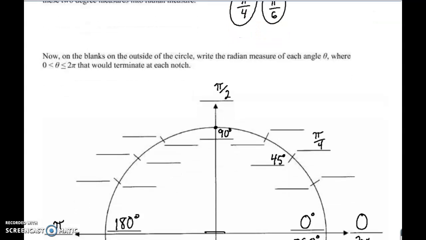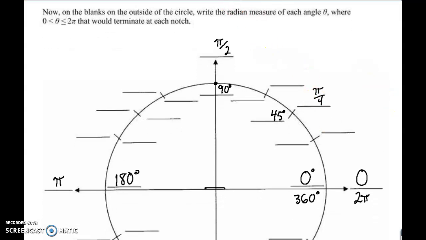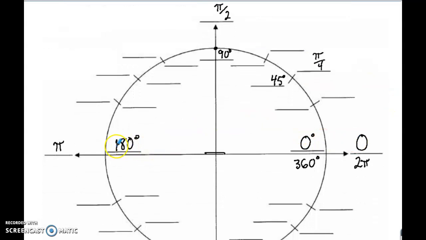So let me just get a highlighter out real quick, because if you break this into pieces of pi, so to speak, that right here is a whole pi, and then by dividing in 2, we're at pi over 2, and dividing that again, I think you can see if I broke this unit circle into that you have 1, 2, 3, 4 pieces.